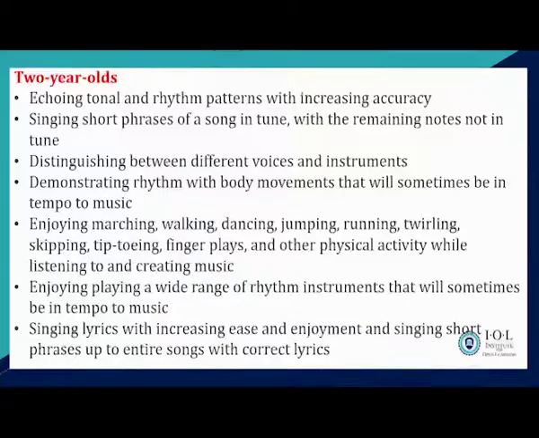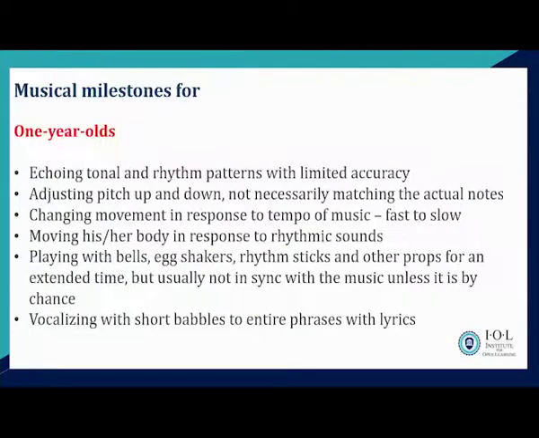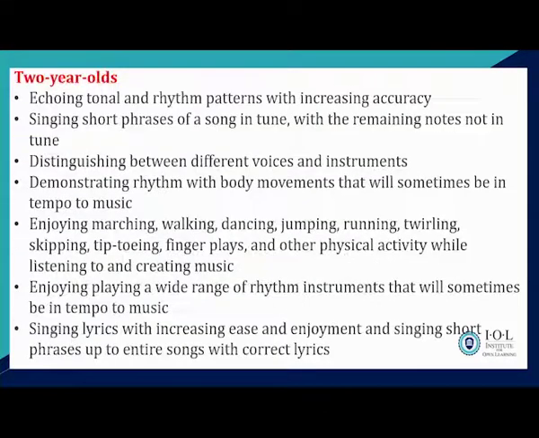Now for the 2-year-olds, you see, for the 1-year-old, we're having only six of those. As the children are growing a little bit more, for the 2-year-olds, we are adding more to what they are supposed to be able to do. Echoing tonals and rhythm patterns with increasing accuracy. So now the speed is increasing. Singing short phrases of a song in tune with the remaining notes not in tune.